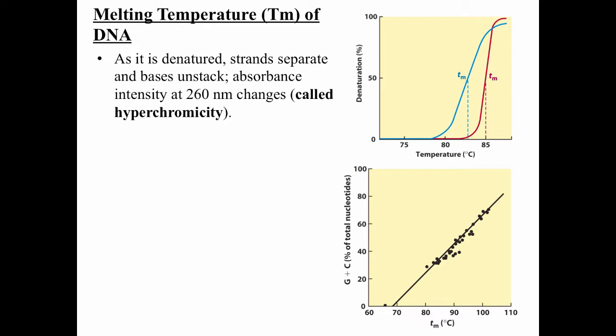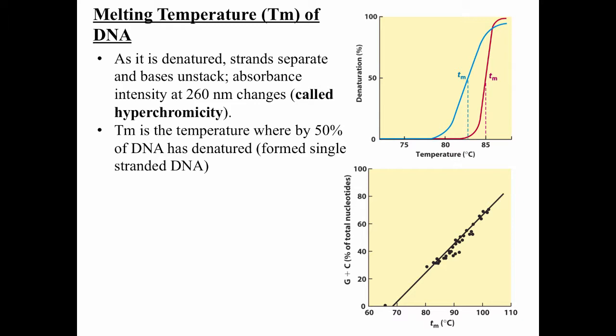And then the bases, the aromatic bases, interact with water, and this causes a change in the absorbance at 260 nanometers. This is called hyperchromicity. And this property is important because you can use that change in absorbance to determine the melting temperature of DNA.